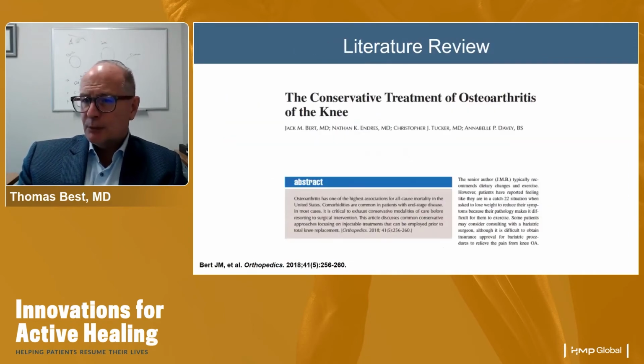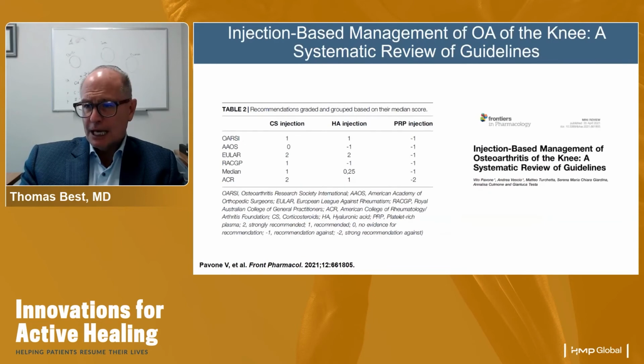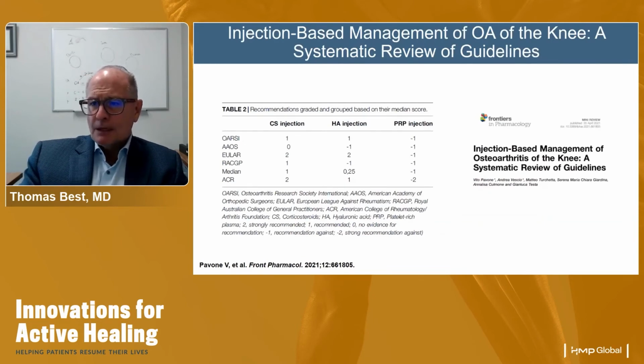Here's a really nice paper that we don't have time to talk about today, but I would direct to your attention, titled The Conservative Treatment of Osteoarthritis of the Knee. And it's a really nice paper, I think, that people should take a look at. So let's look a little bit closer at some of the guidelines I mentioned earlier. This is another review paper that just came out in 2021. And as you can see here, it's really all over the map, looking at the different guidelines.